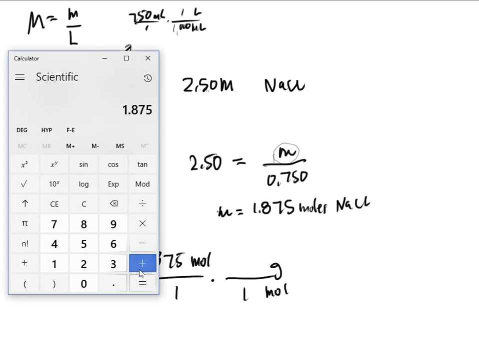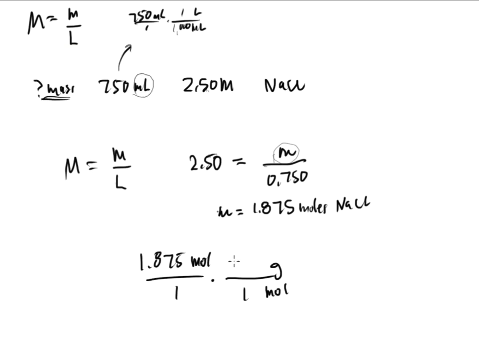Well, I need to be able to do formula weight here. So sodium is 22.99, and then the chlorine is 35.45. And that gives me a 58.44. So 58.44 grams for every mole.